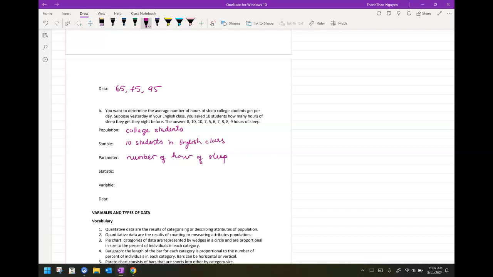The statistic is the number of hours of sleep of the 10 students.